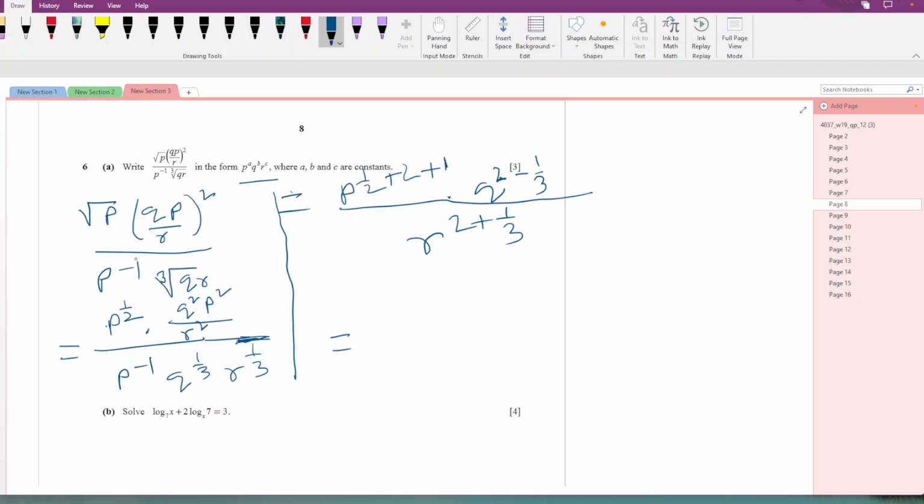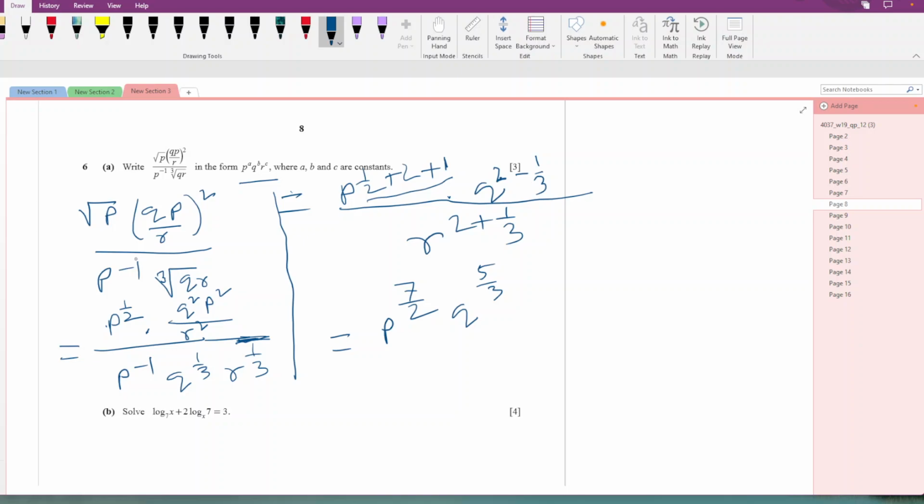Therefore p to the power, this whole thing gives 7/2, and this whole thing gives q to the power 5/3 and r to the power 7/3, but r here is the denominator.